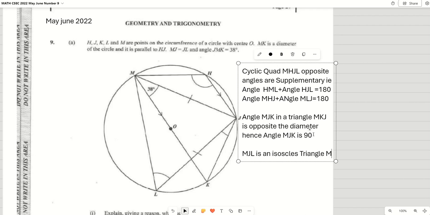So MJ is equal to JL, hence the base angles, angle JML and angle JLM, are equal.